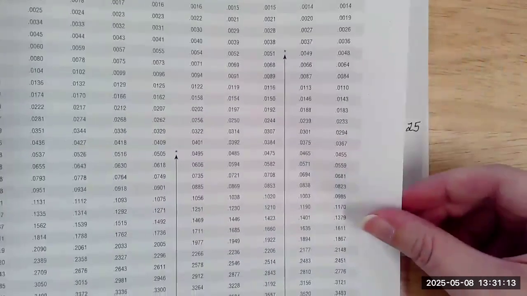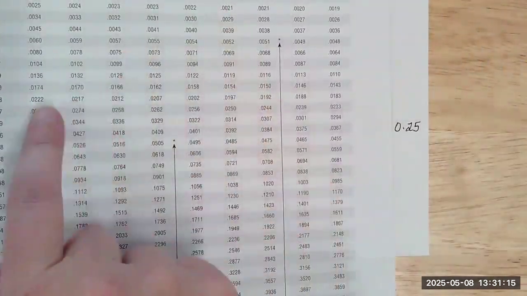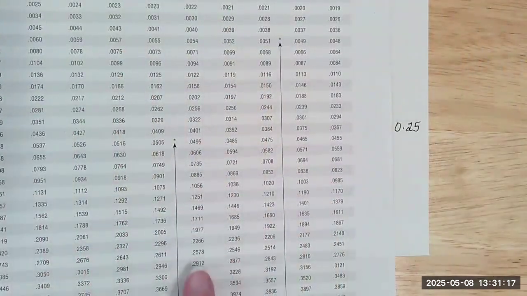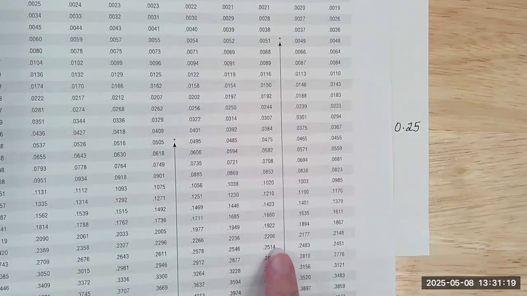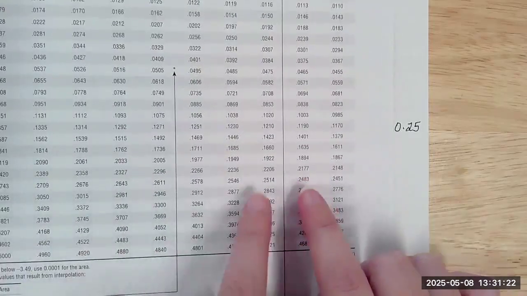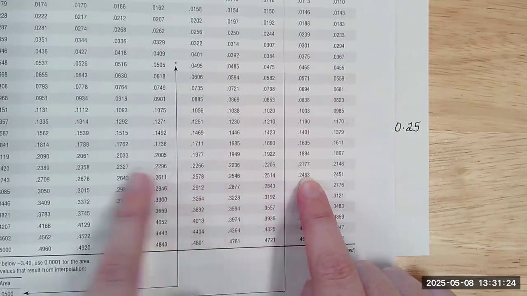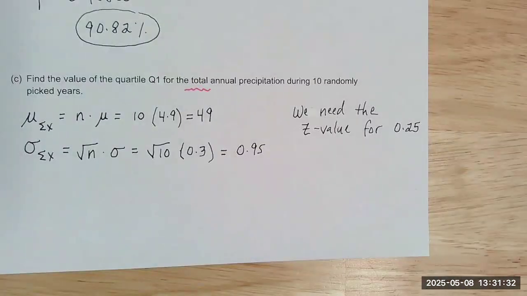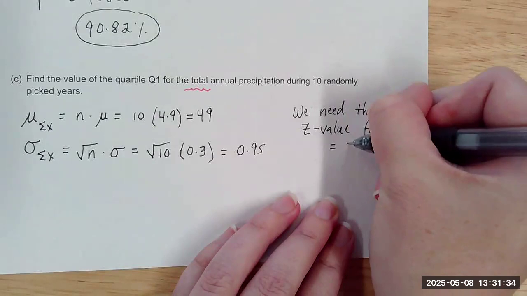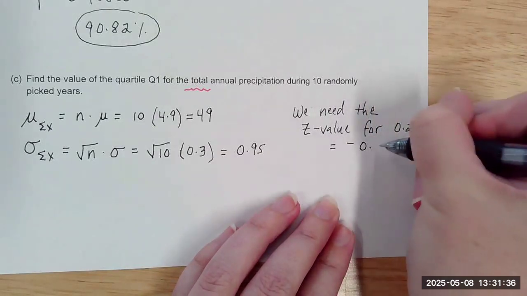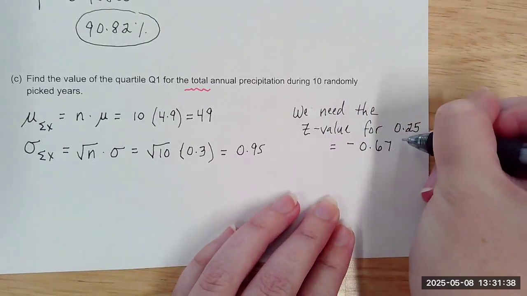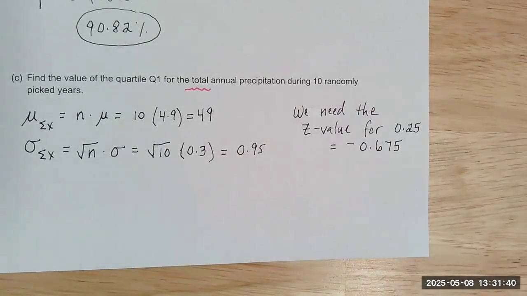And 0.25 is right here. So that's going to be 0.675. Negative 0.675 because we were on the negative Z table.